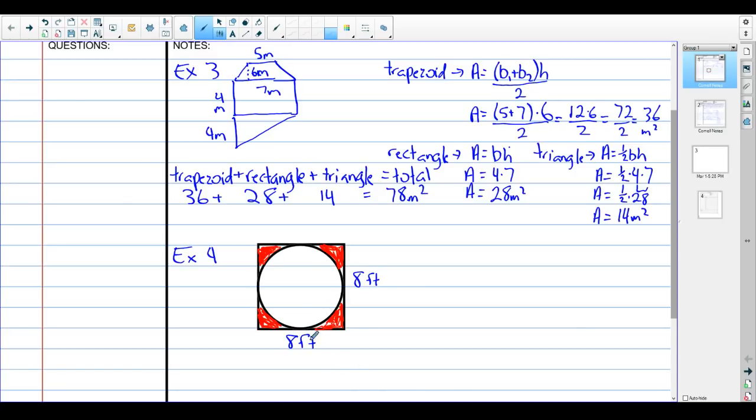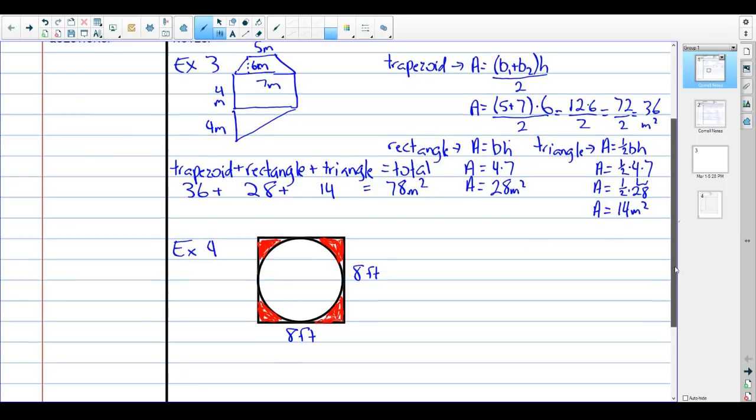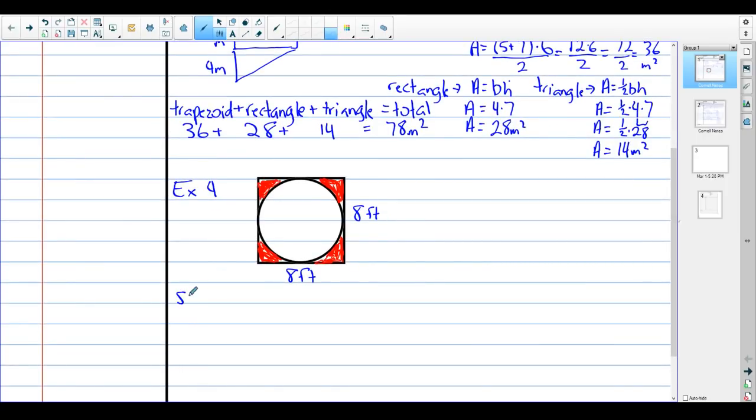So we have a square on the outside, and inside of it is a circle. If we got rid of the circle, everything would be shaded. So it's the entire square except for what's filled in by the circle. It's the difference between the area of the square and the area of the circle.